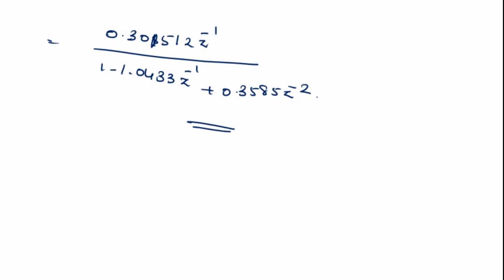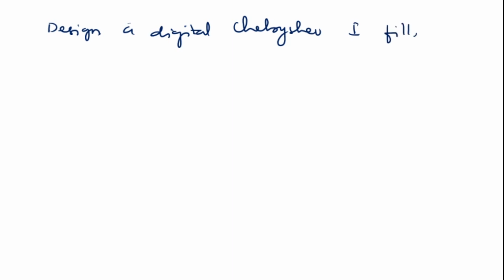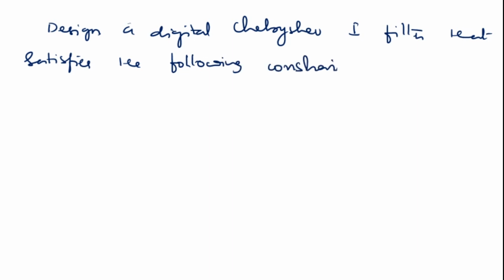Next problem: design a digital Chebyshev type 1 filter that satisfies the following constraints. 0.8 is less than or equal to the magnitude of H of omega, less than or equal to 1, where omega varies between 0 to 0.25 pi.